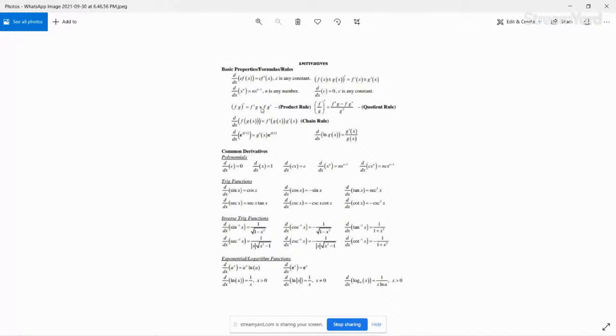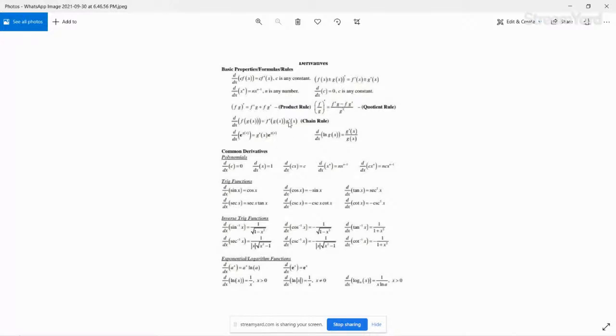We take one function as constant and differentiate the other one, then add the case where the one we differentiated first is taken as constant and the other one is differentiated. For the quotient rule, the denominator will be squared, and the numerator is the same as the product rule, but in place of plus it will be minus.